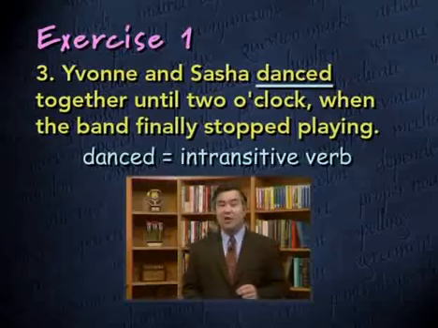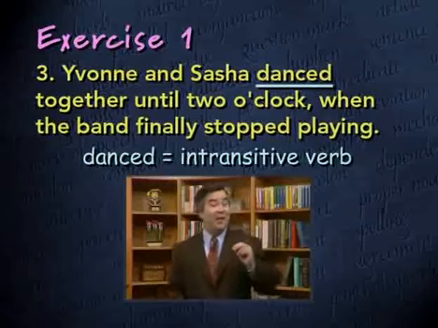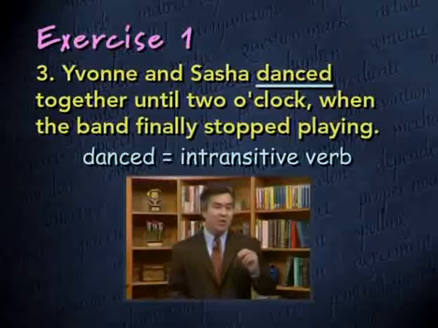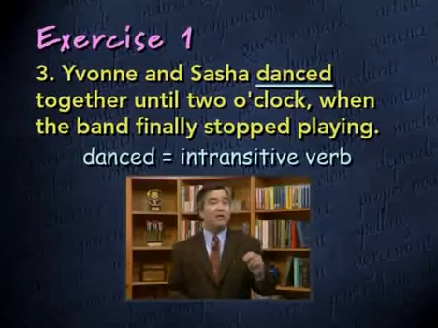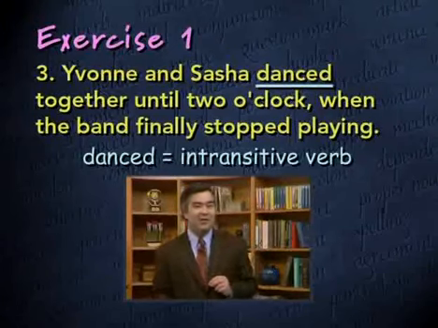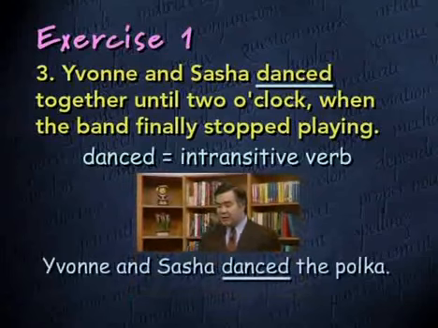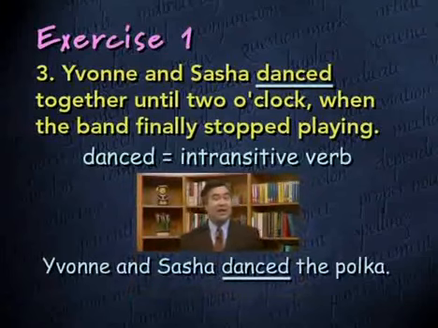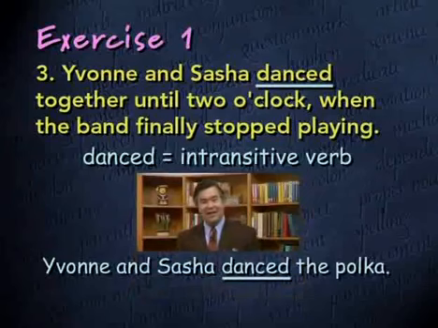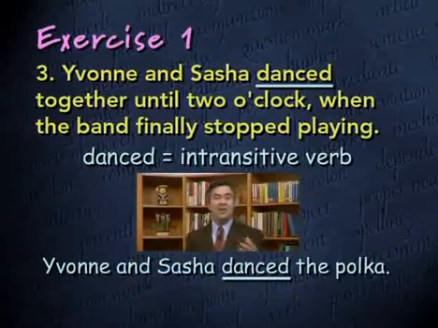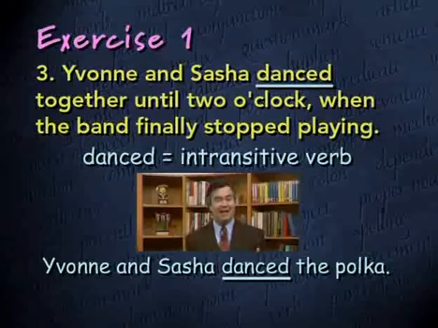Notice, by the way, that the verb danced can be used as a transitive verb. You could imagine a sentence in which there is an object receiving the action of the verb danced. For example, you could say, Ivan and Sasha danced the polka. In that sentence, the word polka would be receiving the action of the verb danced. It would be telling us what they danced.